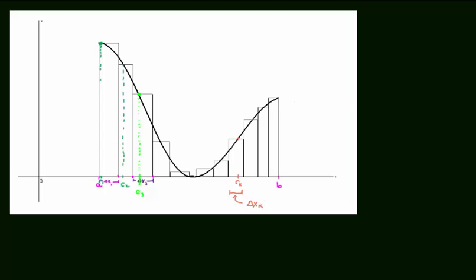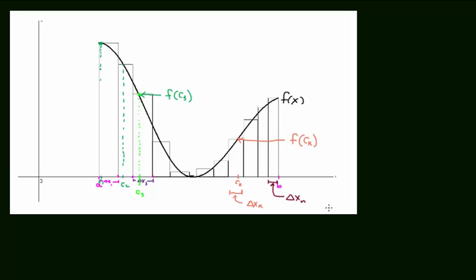And then given that this is the function f of x, the height of the rectangle for this generic one would be f of c sub k. Likewise, f of c sub 3 would be the height of the third rectangle.